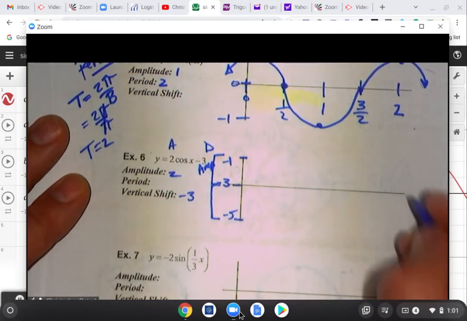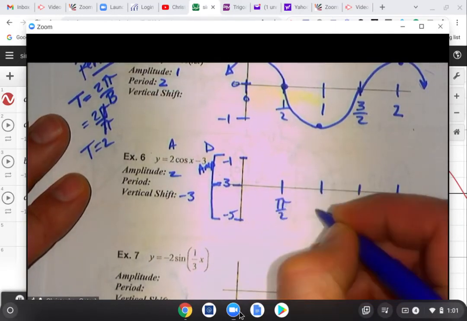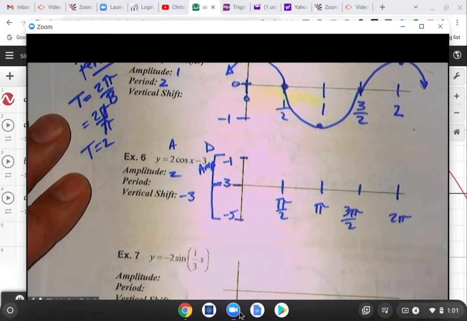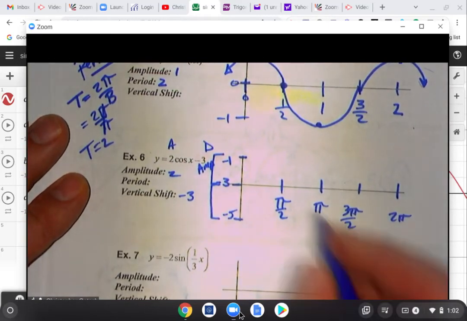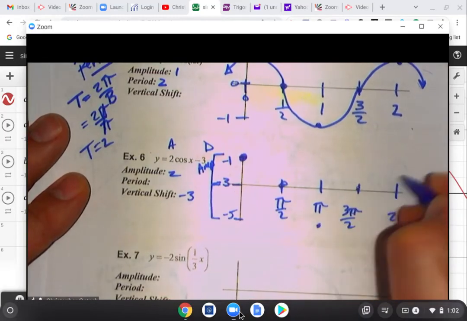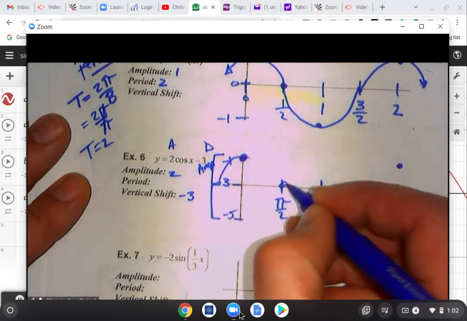And then you have your period. You guys get that, right? Pi over 2, pi, 3 pi over 2, and 2 pi. That hasn't changed at all. Cosine, again, starts up here. It goes down. It goes down. It comes up, and then it comes up right there. Now we got a nice, pretty looking graph now.